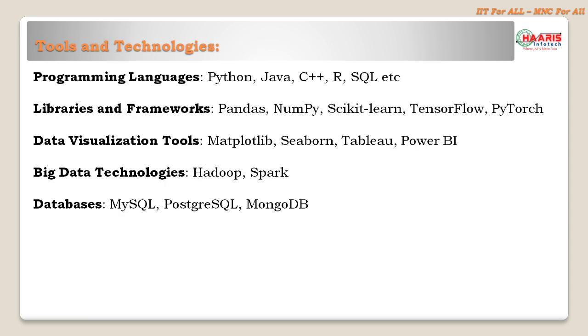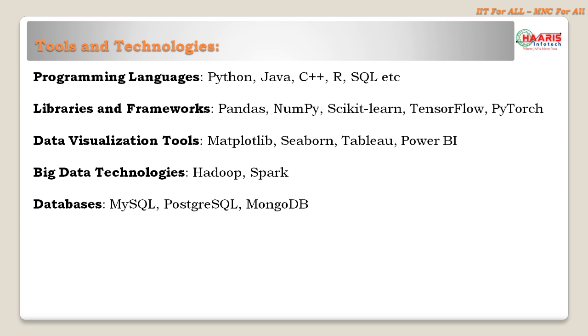And these are the tools and technologies we use predominantly: Python, Java, C++, R, SQL, etc. for data scientist roles. Libraries like Pandas, NumPy, Scikit-learn, TensorFlow, PyTorch, and some of the other APIs and frameworks we use.